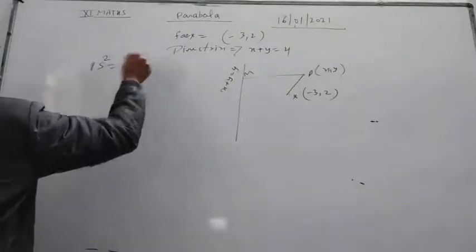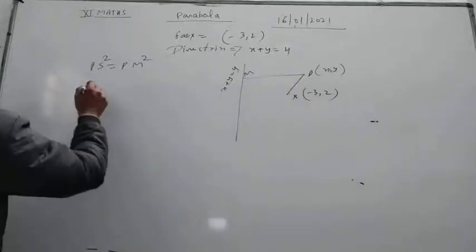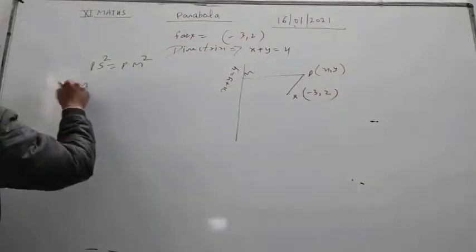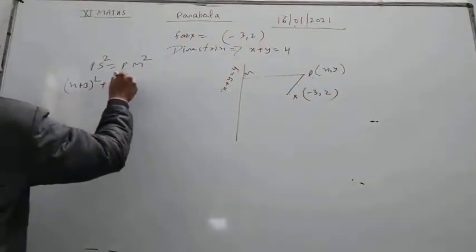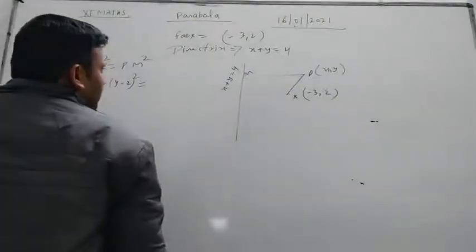Squaring both sides, PS square is equal to PM square. Applying the distance formula, x plus 3 whole square plus y minus 2 whole square is equal to PM square.